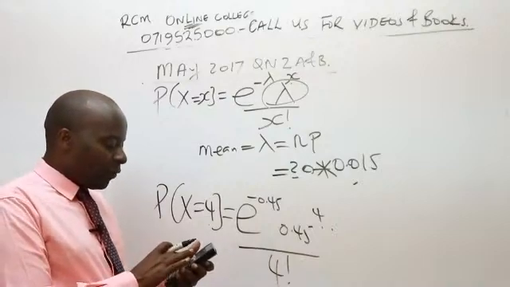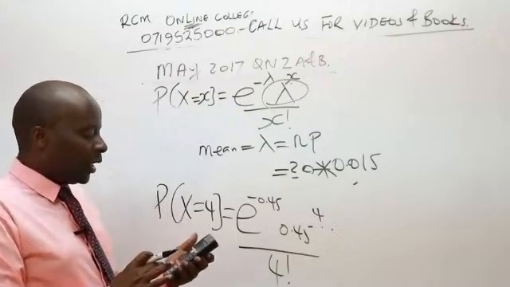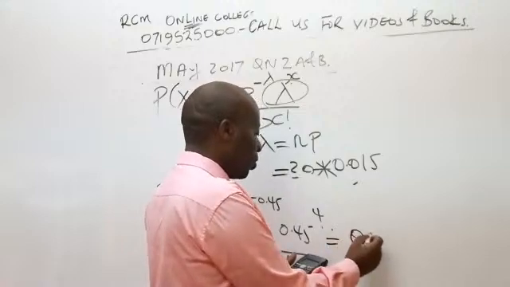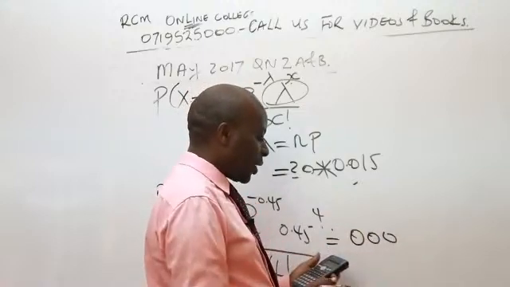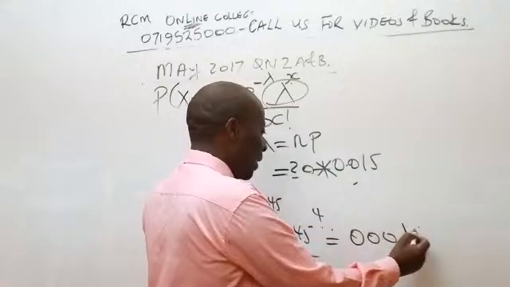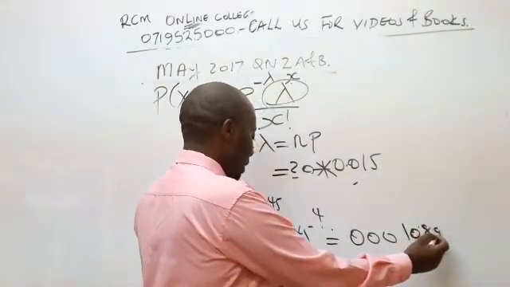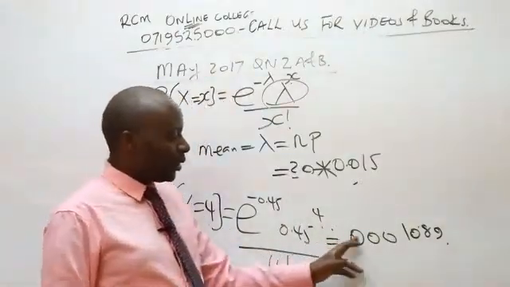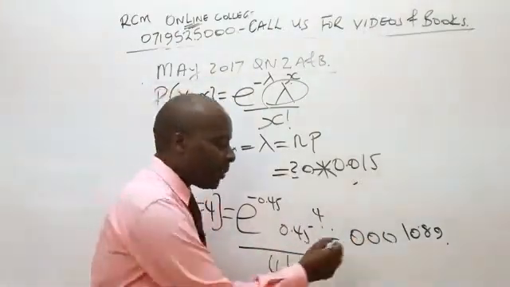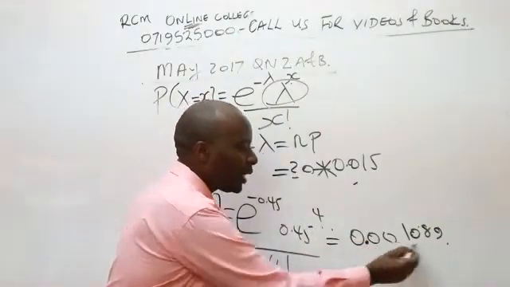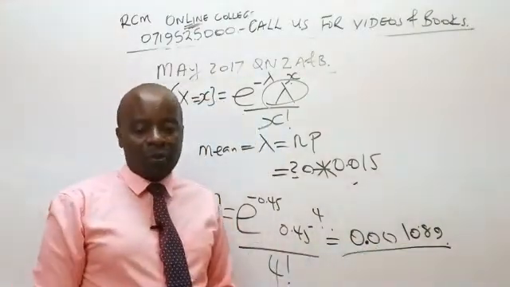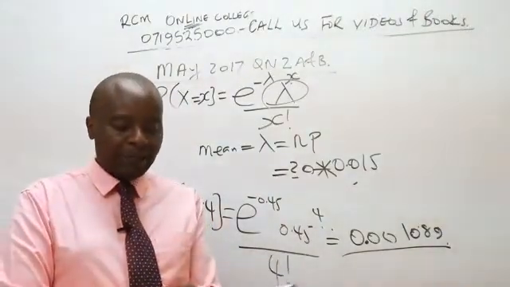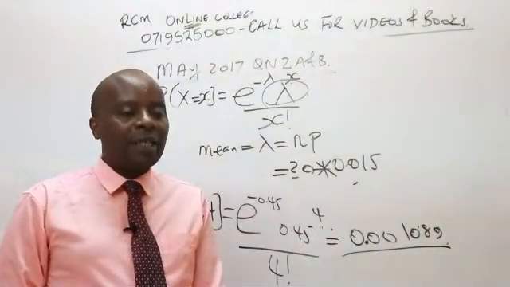Divided by 4 factorial, which at the end of the day gives us quite a very small probability, which has 3 zeros on the left-hand side, and then we have 1.089. So we have 1089. Of course, I'll write the 3 zeros on the left-hand side, and then I'll plug in the decimal. That is the probability, a very small probability. So that is the answer to number 1.